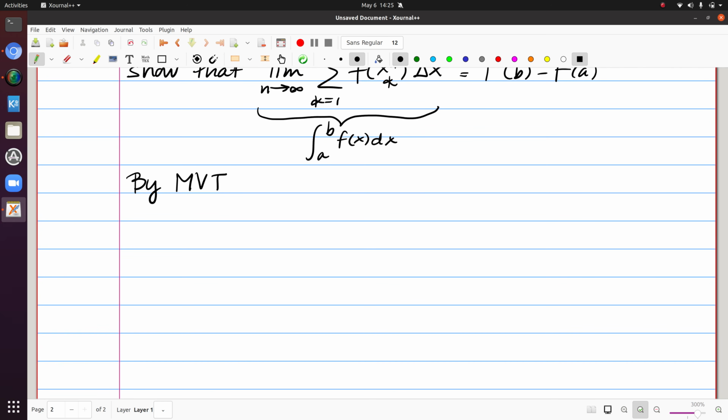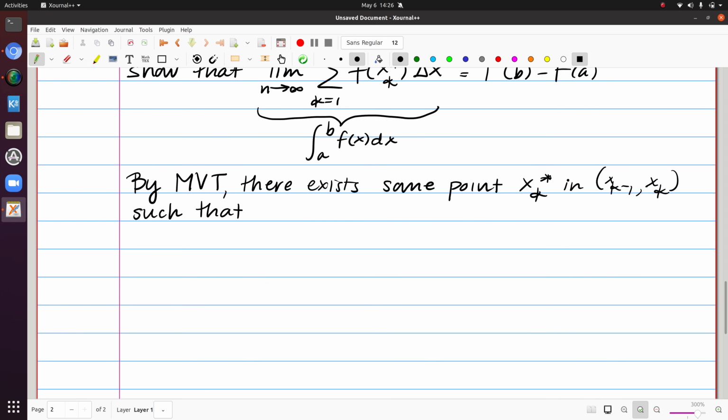So by the mean value theorem, there exists some point x k star in the interval from x k minus 1 to x k such that, let me write it the same way we've written it before.